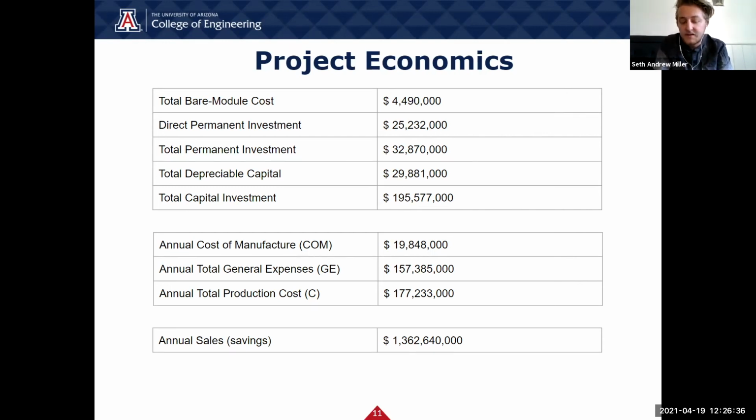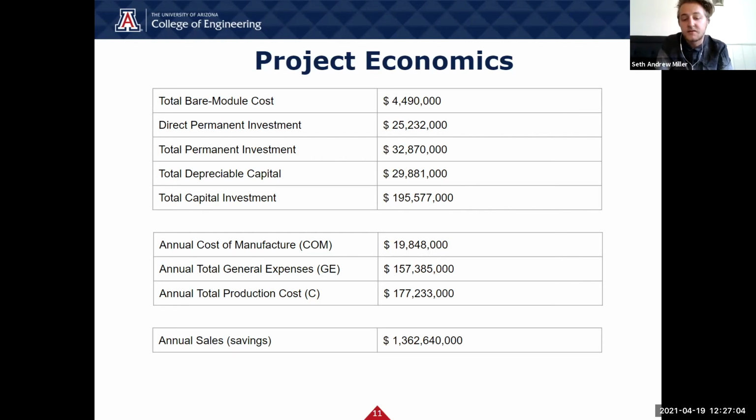If you add the cost of contingency, the cost of land, any applicable royalties, and the cost of starting up the plant if necessary, this gives you the total permanent investment. The total depreciable capital is the investment for the desired production rate and year. And the total capital investment is a one-time expense of the design, construction, and startup of a new plant or the revamp of an existing plant, as is the case in this situation.